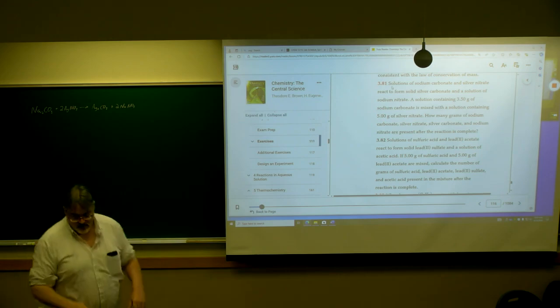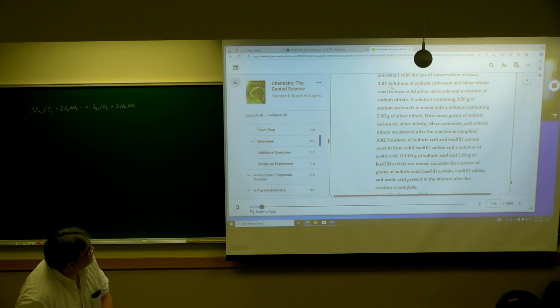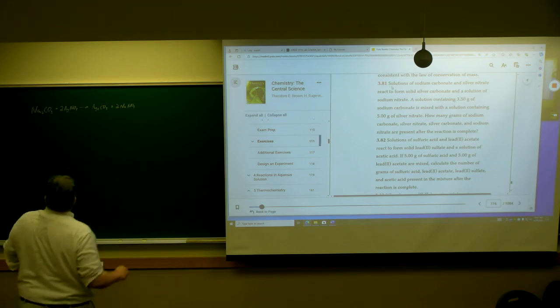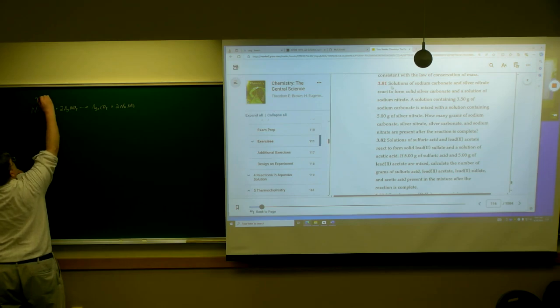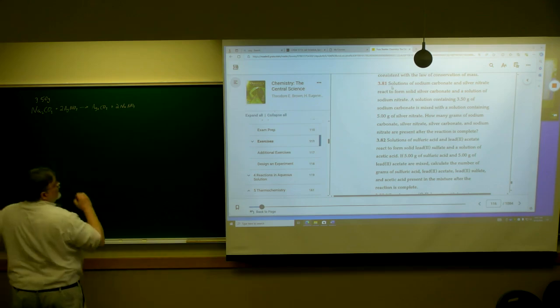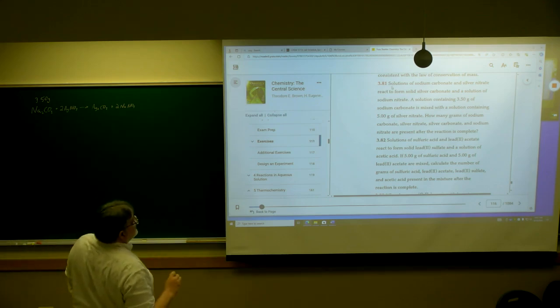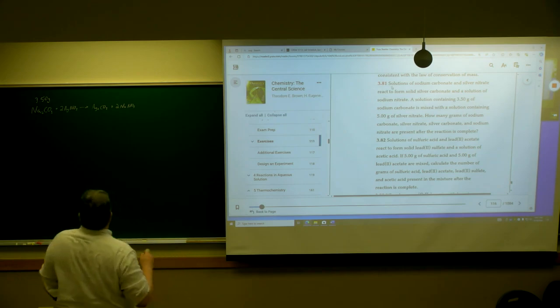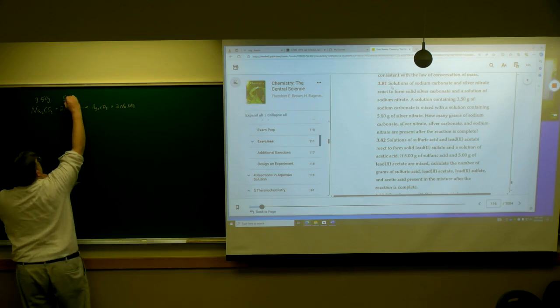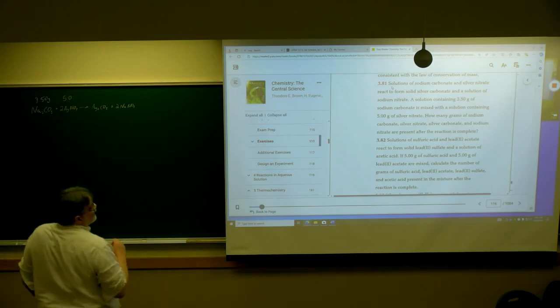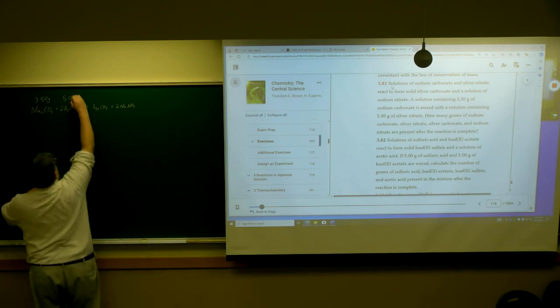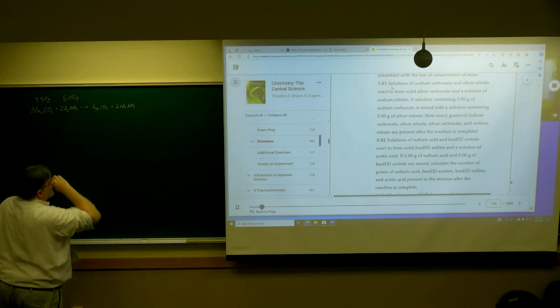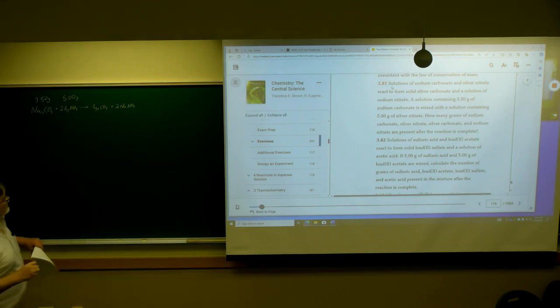Okay, so 3.50 grams of sodium carbonate. Five grams of silver nitrate. Grams. So since this mentions grams, we're going to need the grams per mole. So Na, there's 2 of them. CO, there's 3 of them.